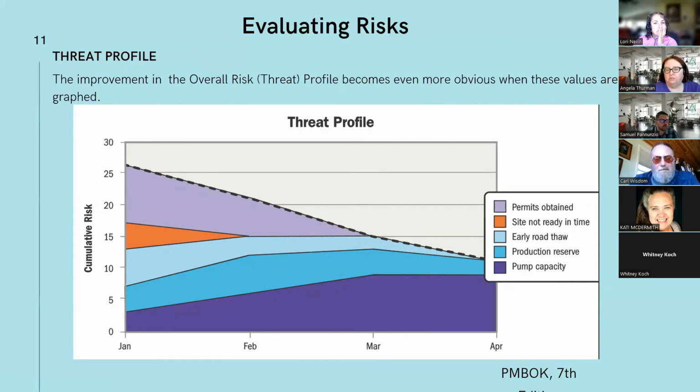That's your goal, to reduce the threat profile over time through your activity to mitigate or transfer and those other actions. You want to reduce the risk of the project.